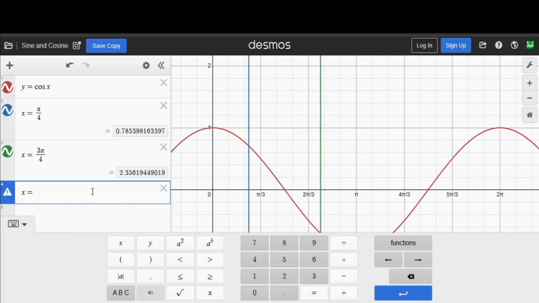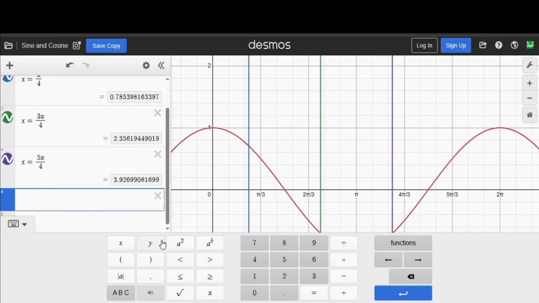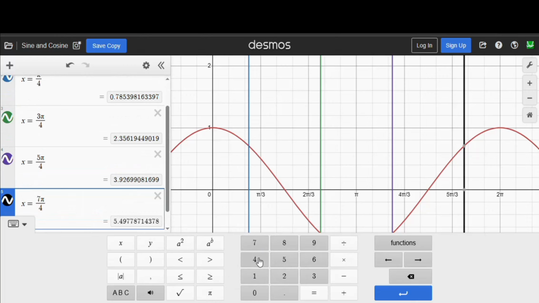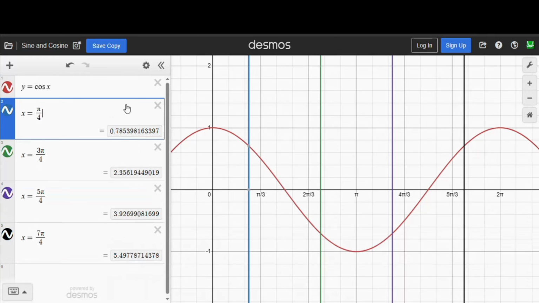The first quadrant, pi over 4, blue line. That's the value we want on the x-axis. There's our pair. X equals pi over 4, y equals square root 2 over 2, rounded off, 0.70711.